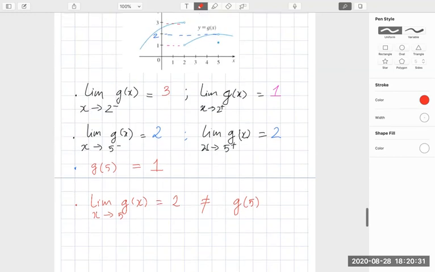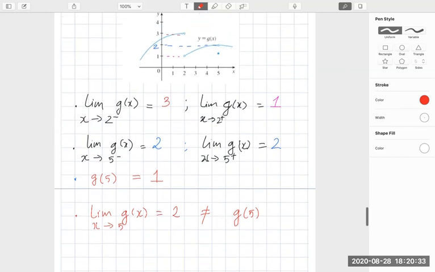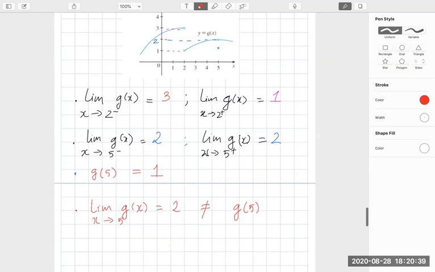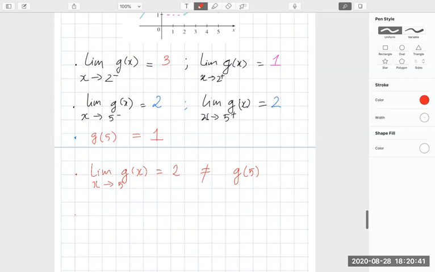How about the limit when x approaches 2? Does it exist? No, definitely not. Because the limit of g of x when x approaches 2 from the left is equal to 3, which is different from the value of the limit of g of x when x approaches from the right-hand side of 2.